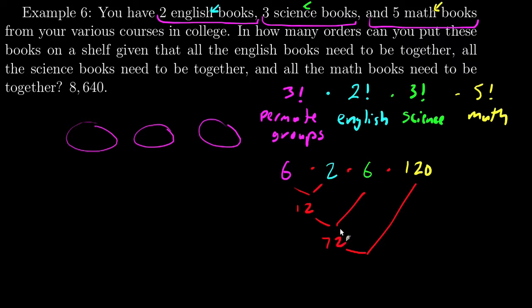Times 120, well, 72 times 100 is 7,200. 72 times 20 gives me 1,440. And when I do add those up together, I get 8,640 possible ways to arrange all of them. Deciding which book comes first, ordering English books, ordering science books, ordering math books.